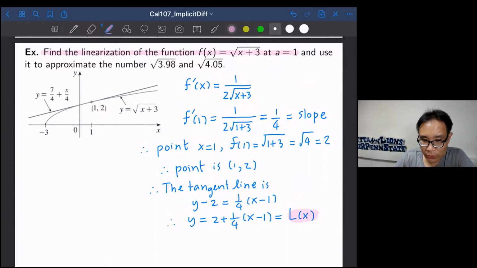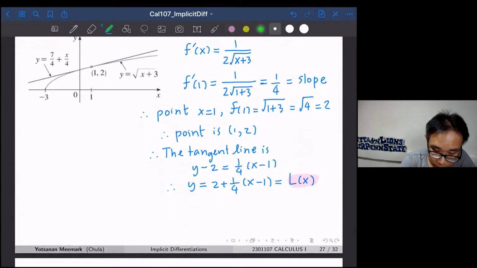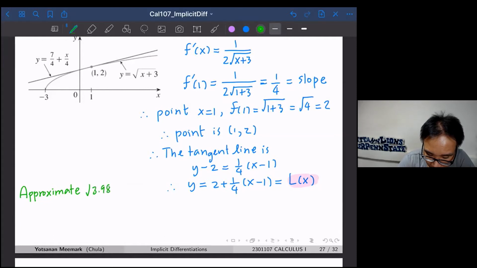So L(x) is this guy, and the question asks you to approximate the numbers square root of 3.98 and square root of 4.05.